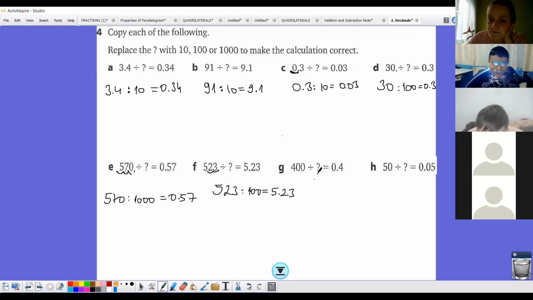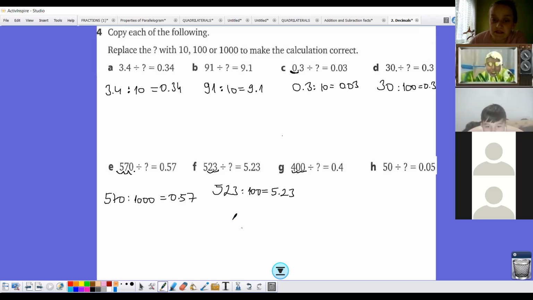That one, we also move 2 places to the left. That means it's 100. Look, I will move 2 places, 1, 2. Oh, sorry, it is 3 places, so it is 1,000.